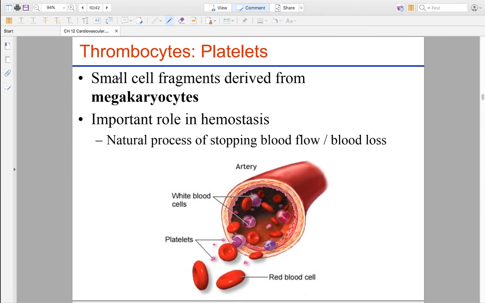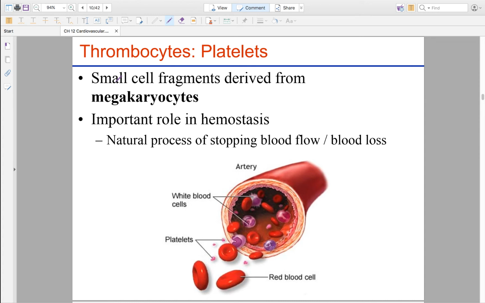Okay, so those are our red blood cells and white blood cells, or leukocytes and erythrocytes. Now, the next thing is our platelets. Platelets are not involved in the immune system, but they have an incredibly important protective role because they can stop blood flow and blood loss. When you have an injury, platelets are involved in healing.